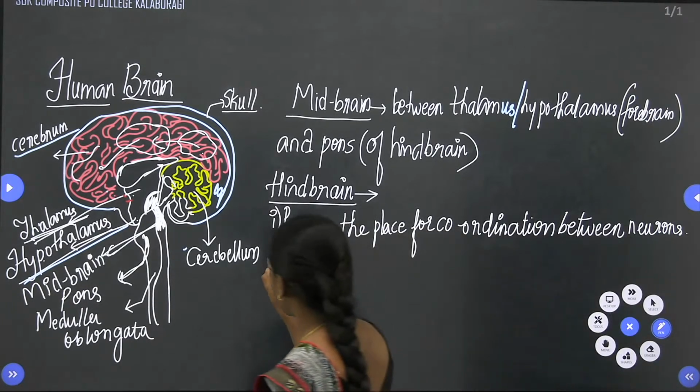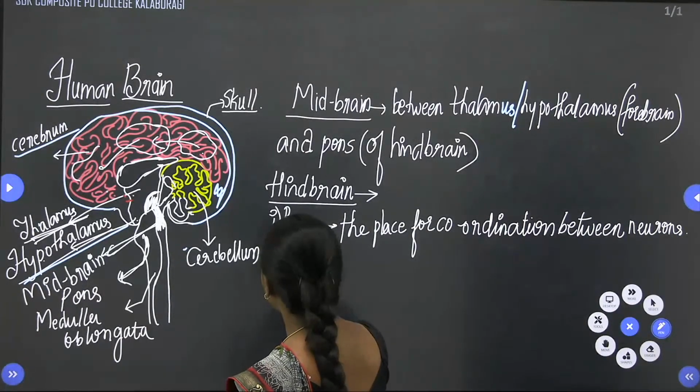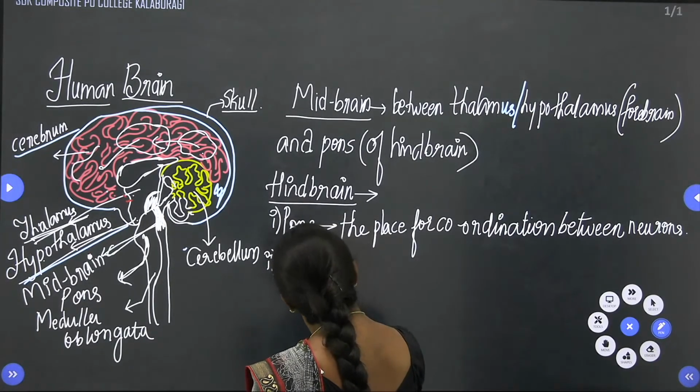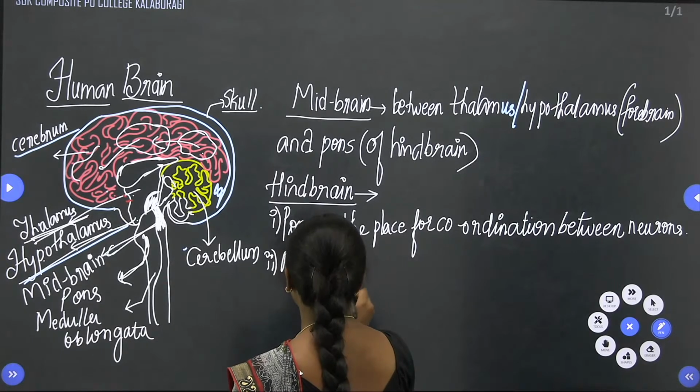The next structure of the hindbrain is medulla oblongata.